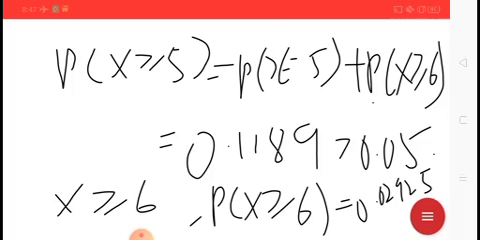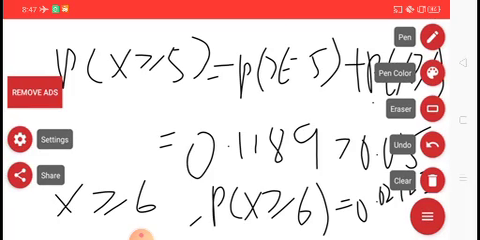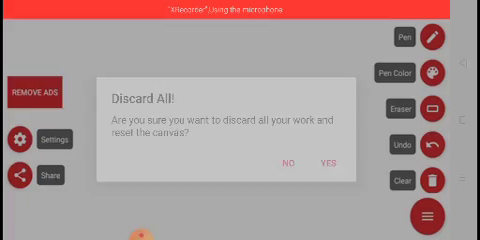Now we proceed to question 3. A hospital patient's white blood cell count has a Poisson distribution.